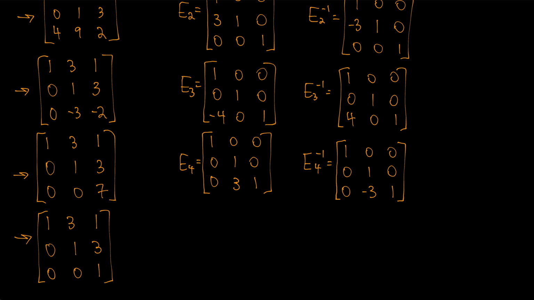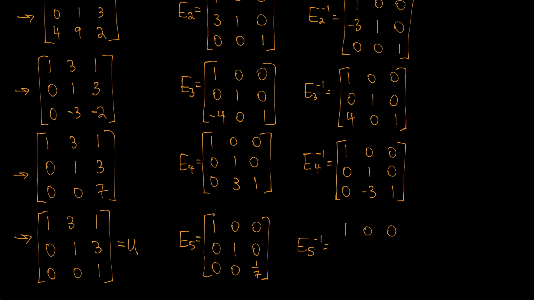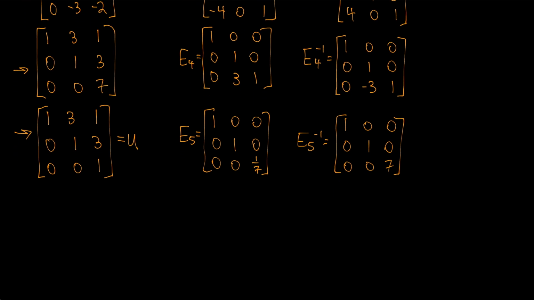This is an upper triangular form that could be our U. So that makes E5 equal to 1, 0, 0, 0, 1, 0, 0, 0, 1/7, and thus E5 inverse is 1, 0, 0, 0, 1, 0, 0, 0, 7. Okay, that gives us L.